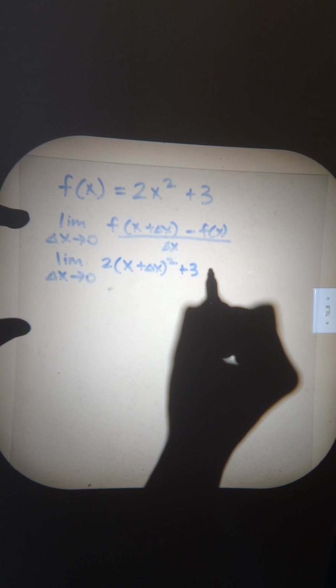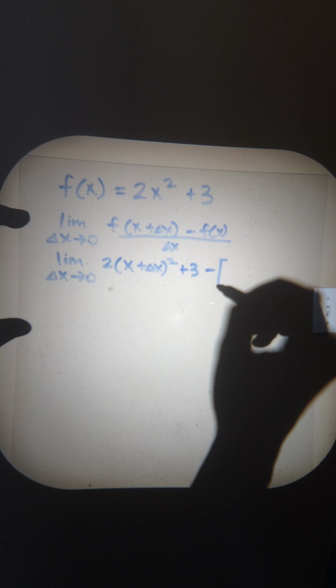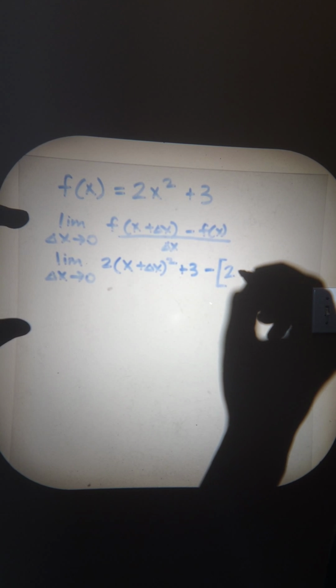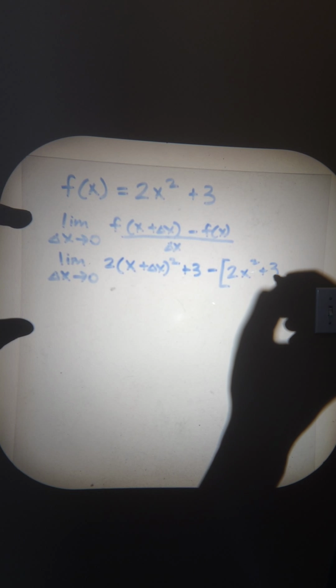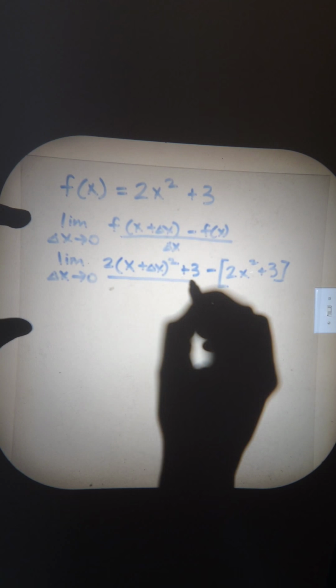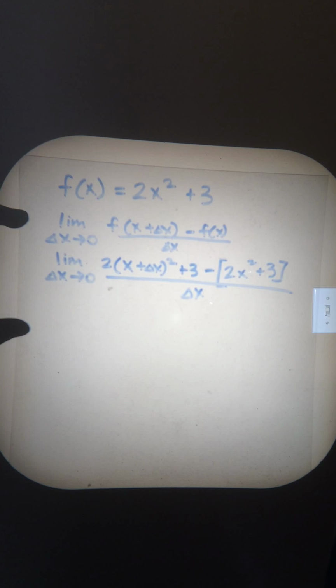Our next step is substitution. The limit as delta x approaches 0 of 2 times, we're plugging in x plus delta x for x, so x plus delta x squared, parentheses are very important here, plus 3, minus our f of x, so I'm going to put brackets, which is this entire 2x squared plus 3. And this is all over delta x.